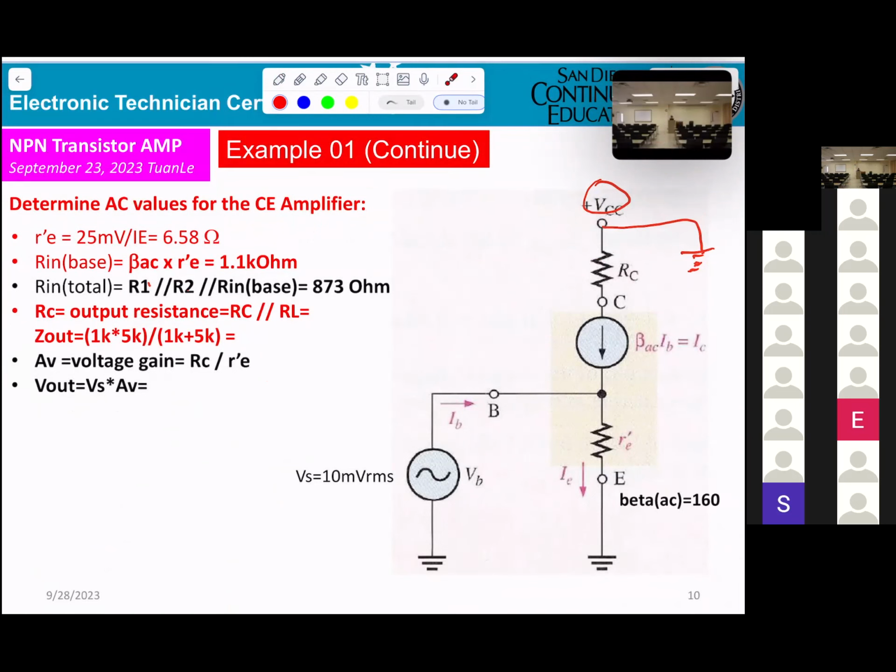Let's see what they want. They want to calculate R prime e. That means this internal resistor equals 25 millivolt divided by IE. Do the calculation to see if you get 6.58 ohm or not.